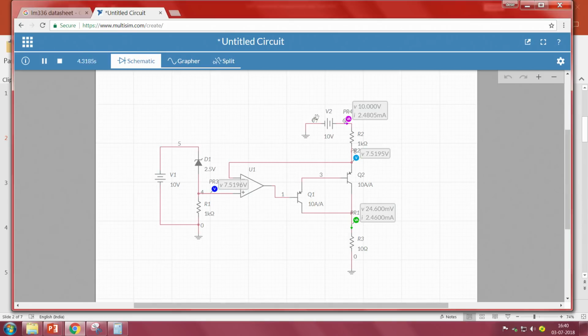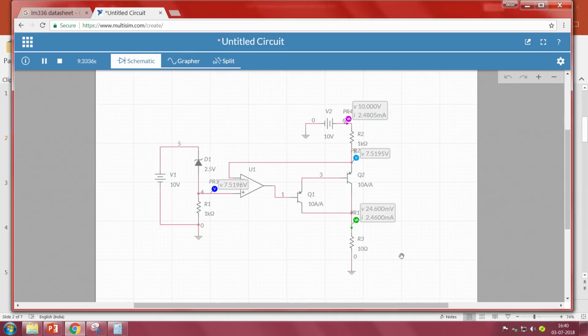Now, the input voltage is 10 volts, so the drop across R2 is 10 minus 7.5, which is around 2.5 volts. Since this is 1 K, it will be 2.5 milliamps. When we calculate, the value is 2.4805 milliamps, approximately 2.5 milliamps.